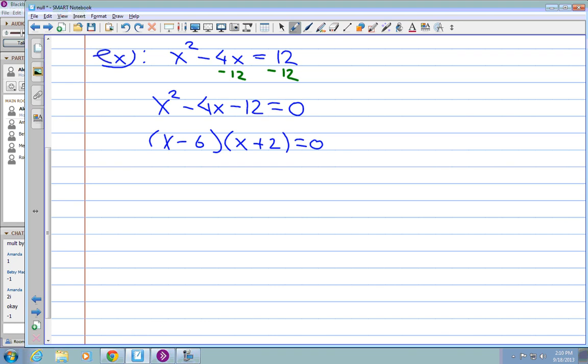We're looking for two numbers that multiply to negative 12 and add to negative 4, provided that there is no coefficient in front of x squared. If there is a coefficient in front of x squared, it gets a little trickier. Okay? But anyway, now we have a product that equals 0, so therefore we can set each of those factors to 0 and then solve for x. So x equals 6 and x equals negative 2.